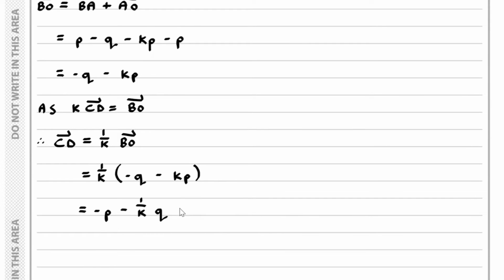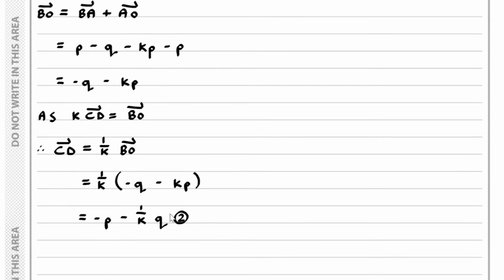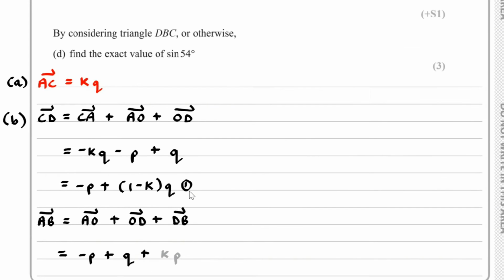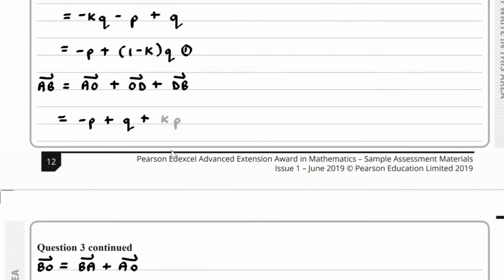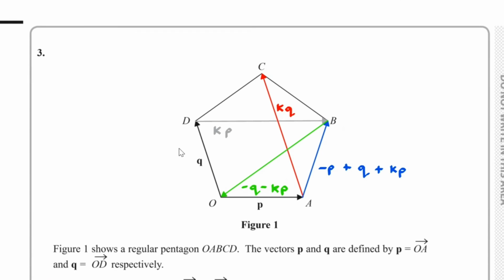Now let's call this 2. And let's call that one 1. Now we've just found out what CD is. CD, starting at C, finishing at D, we've just found that to be minus P minus 1 over K Q.